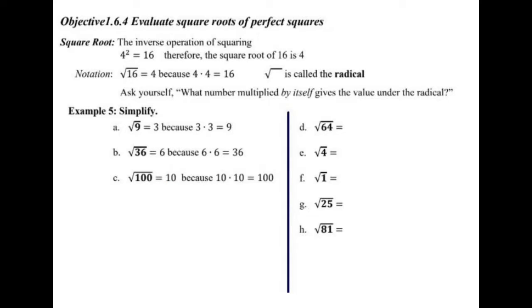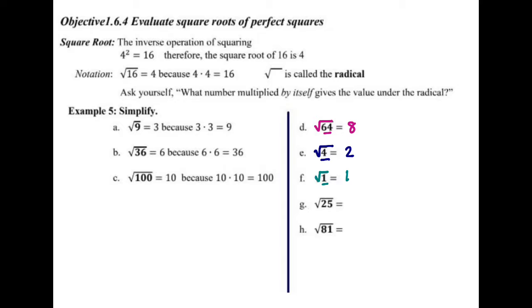Okay, over here on the other side, what number times itself gives you 64? And it's 8. What number times itself gives you 4? The answer is 2. What number times itself gives you 1? The answer is 1.